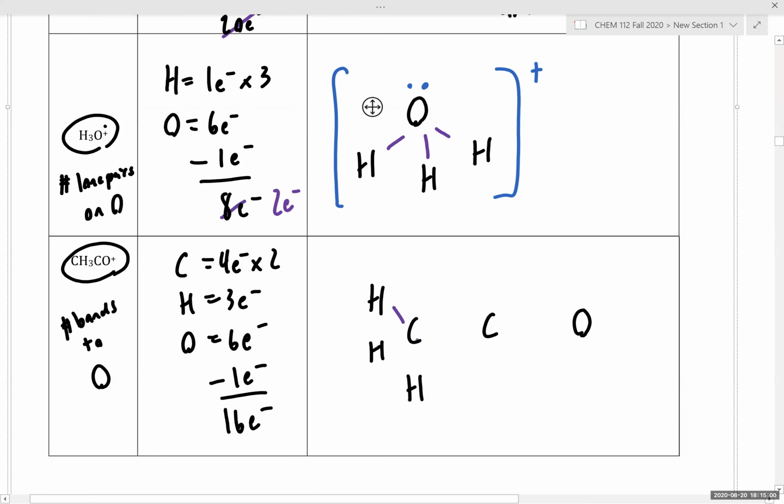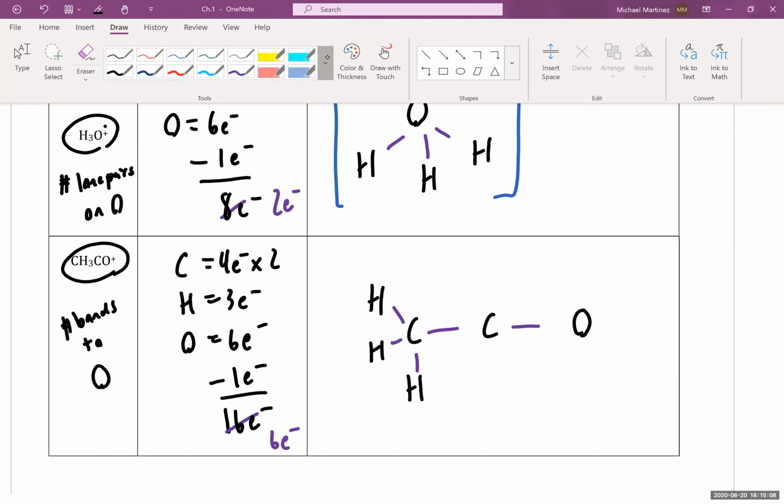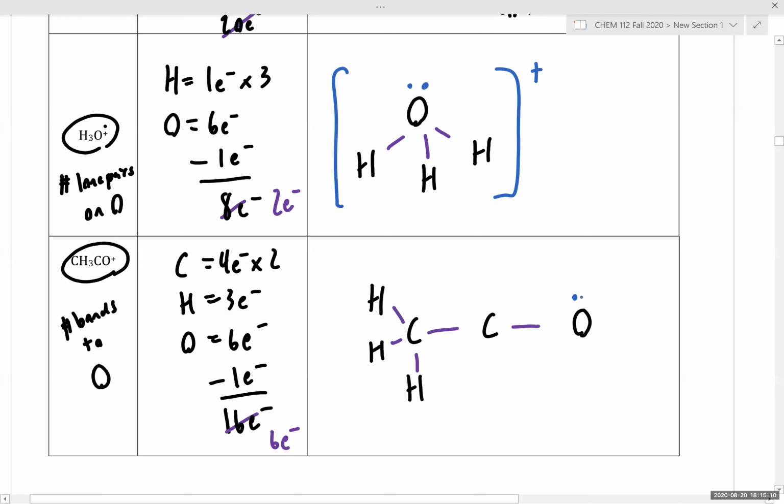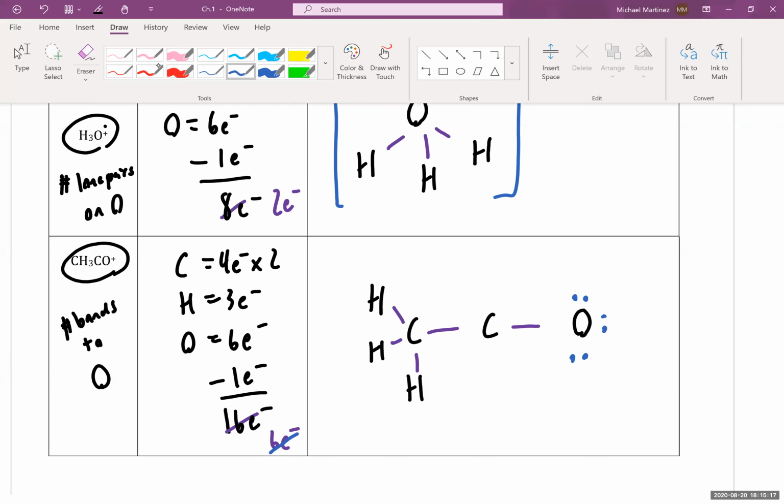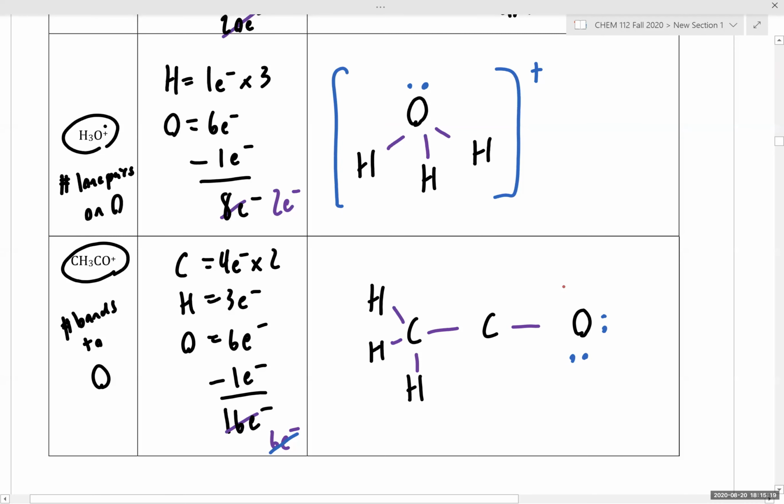Then we form 1 bond each. We've used up 2, 4, 6, 8, 10 electrons. We have 6 electrons remaining. And then what we're going to do is place our remaining 6 electrons on oxygen. As we do not have a complete octet, we're going to move a lone pair down to form a double bond.